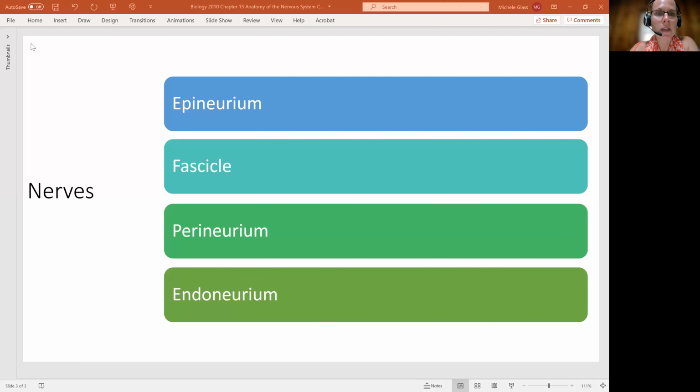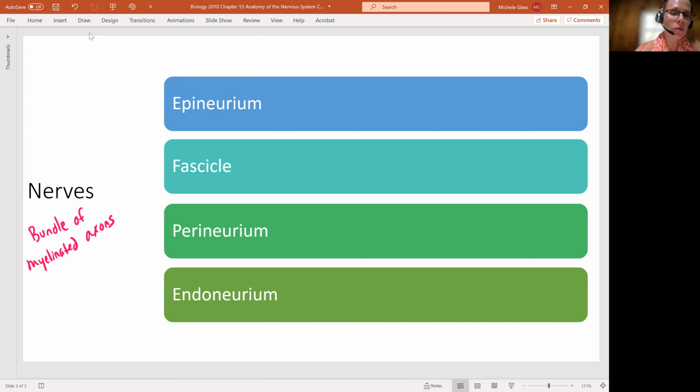Last thing I want to pick up on here is the basic structure of a nerve. So a nerve, remember, is a bundle of myelinated axons. And we should expect this pattern to become a regular part of our expectation, that anytime we're looking at an organ or a structure, we're going to have some connective tissues wrapping around that structure, organizing it, making it separate, but then also connecting it into the body.